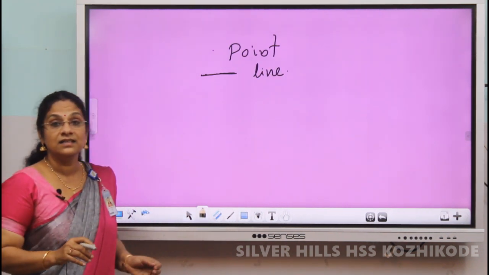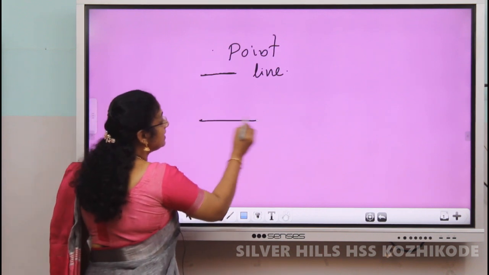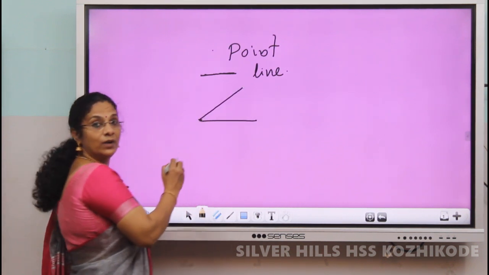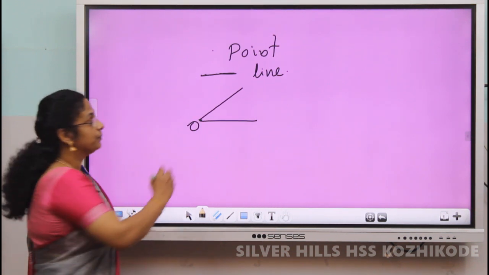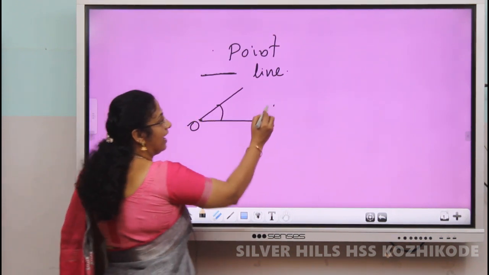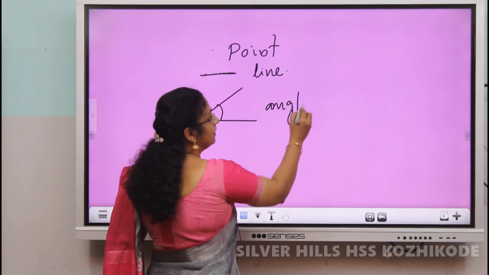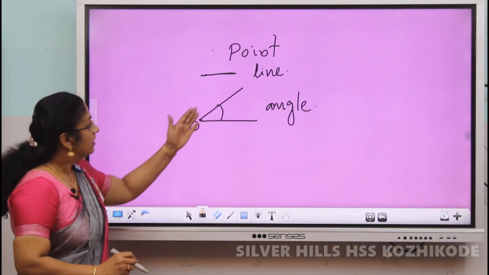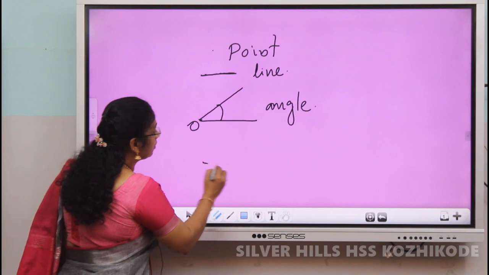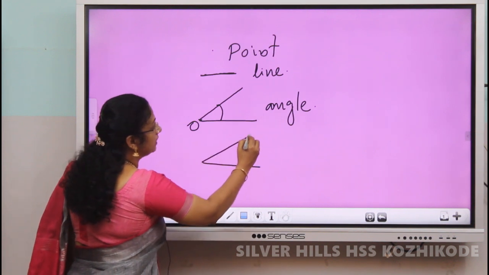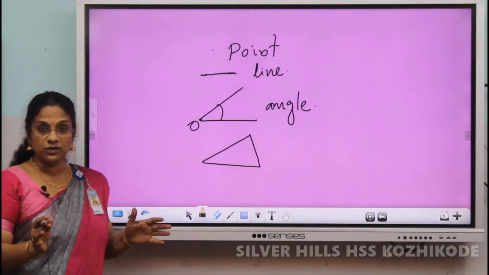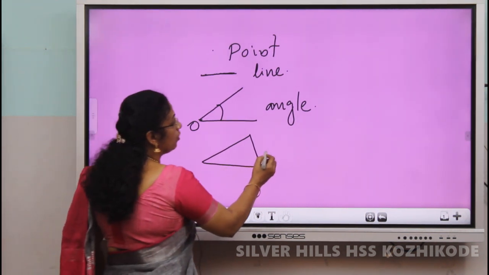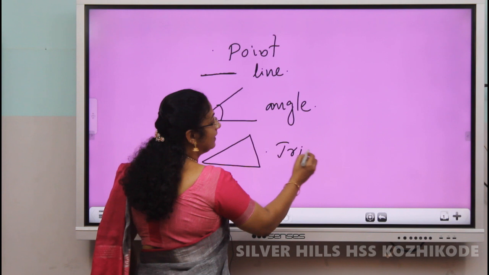Next, two lines are joining together, intersecting at a point O. Then we will get an angle. Then next, we are closing this figure with the third side. Now we got a closed figure and this closed figure is a triangle.